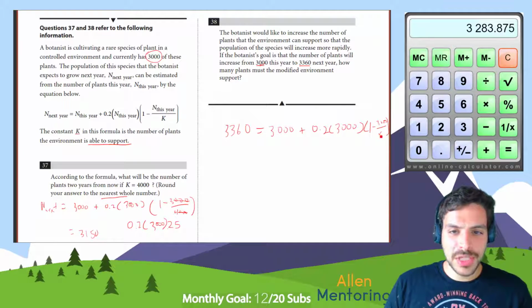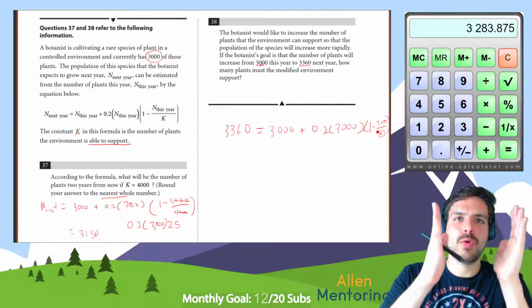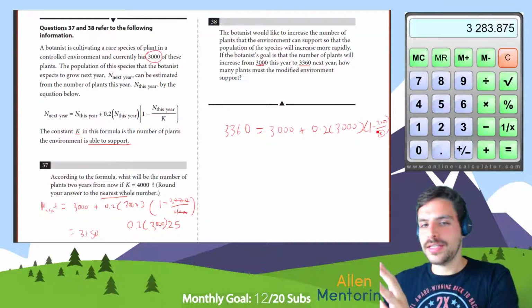Right, so our job really is to isolate K. We want to have K on one side and everything else on the other.